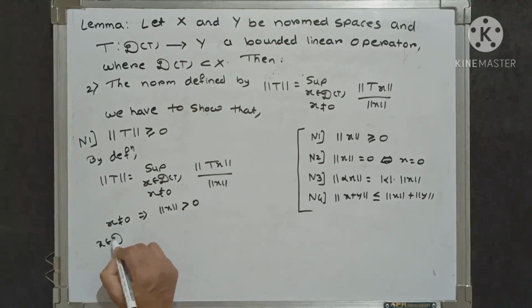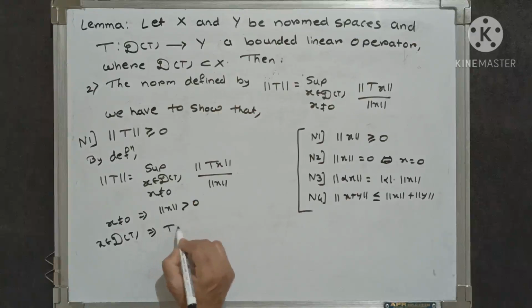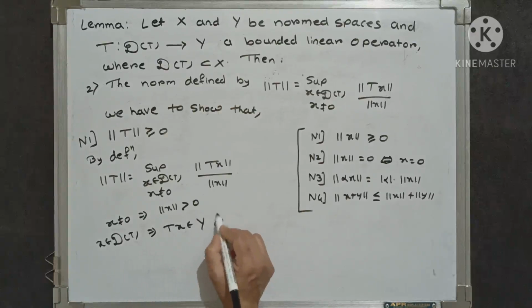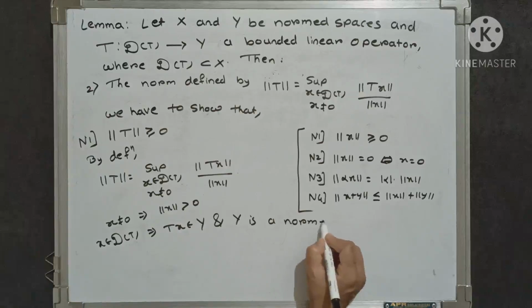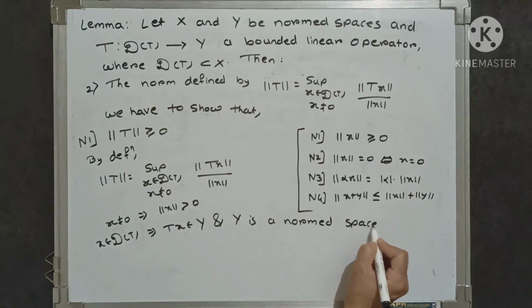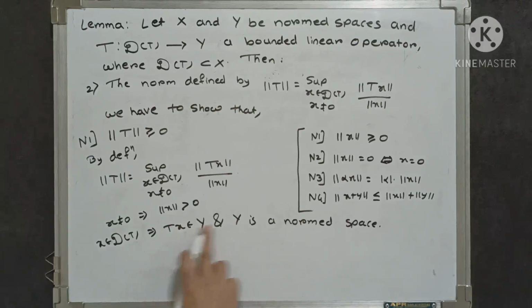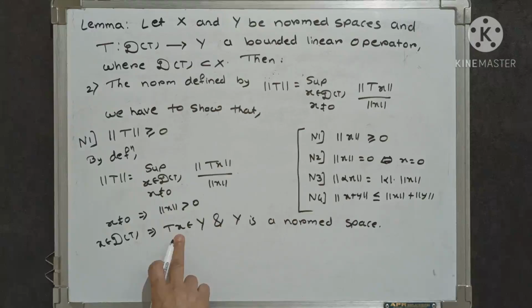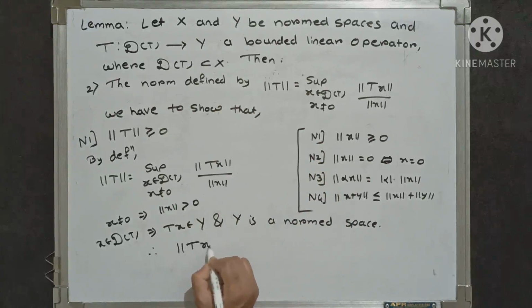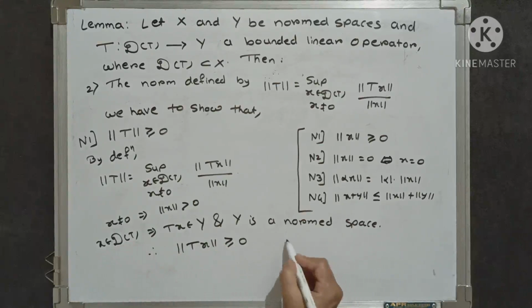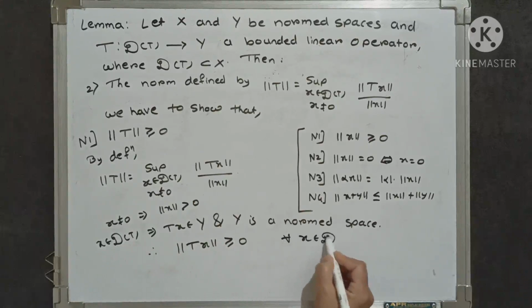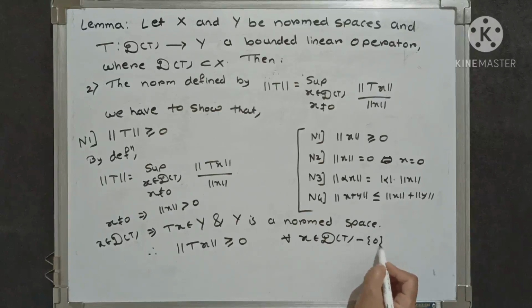x is an element of D(T) implies that Tx is an element of Y, and capital Y is a normed space. And as capital Y is a normed space, therefore Tx satisfies this first axiom, and therefore we have norm of Tx is always greater than or equal to 0. Now it is true for any x belongs to D(T). That means it is true for all x belongs to D(T) minus singleton 0.